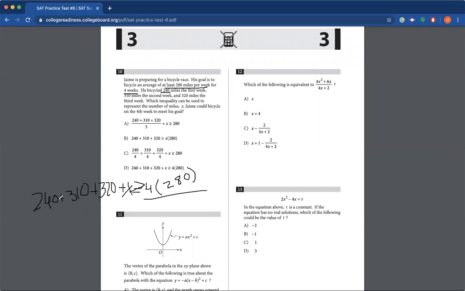So this is the total amount of miles she has biked in the 4 weeks. So she wants this goal, so we have to put this on one side and this on the other. Now, obviously, this could be bigger because it's at least. But this is at least what we want. At least we want 4 times 280, and this is the total amount.